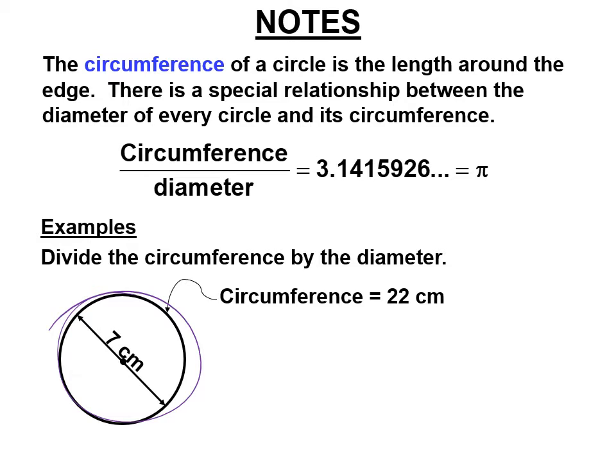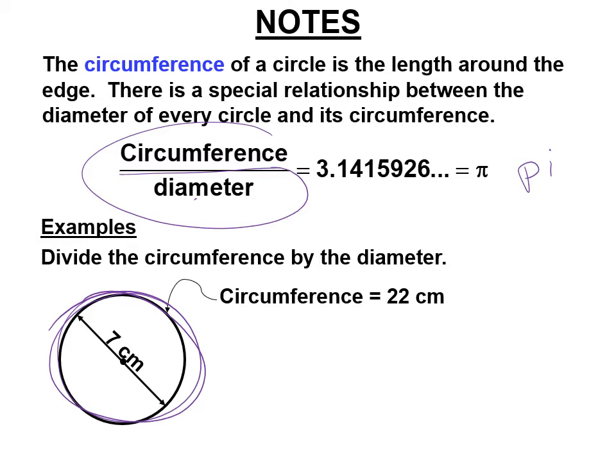And they found out for any size circle, small, large, huge, minuscule, doesn't matter. If you take the length around the outside, the circumference, and divide it by the diameter, you get this weird number that goes on forever. And they named that with a Greek letter named pi.